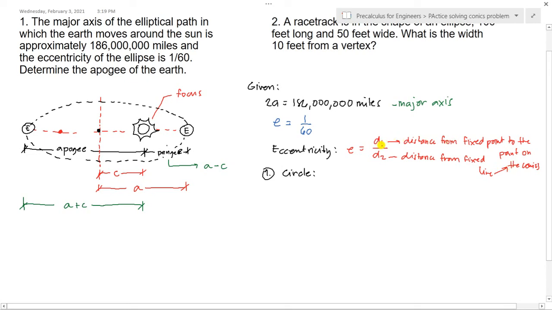So again, ang first nga distance is from the fixed point, ikaduha nga distance is from the fixed line.